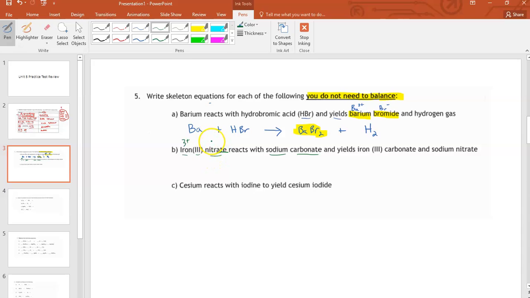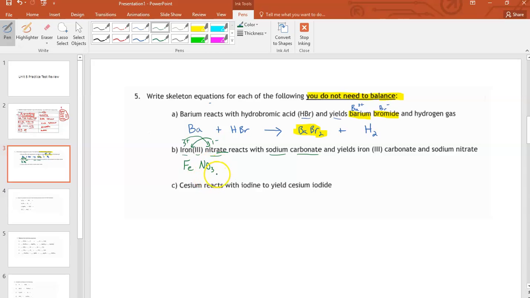So you're going to flip to the back side of your periodic table and you will see that that is a 1- charge. So again, crisscross applesauce method tells me we need 3 nitrates, 1 iron. The way that I write that is iron, whose symbol is Fe. Now nitrate is a polyatomic ion, NO3, right? Now that 3 is part of nitrate.